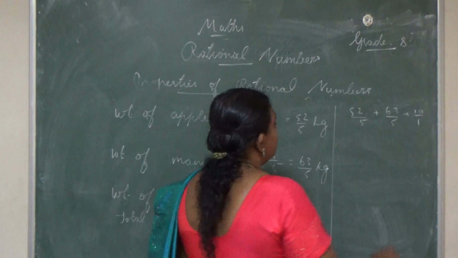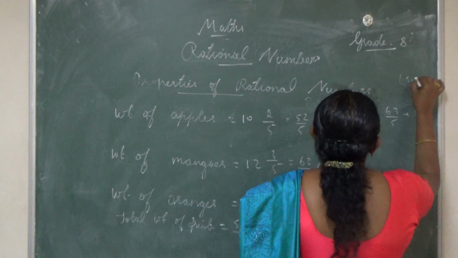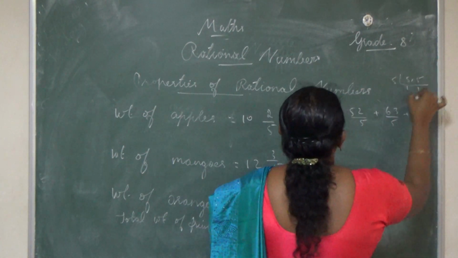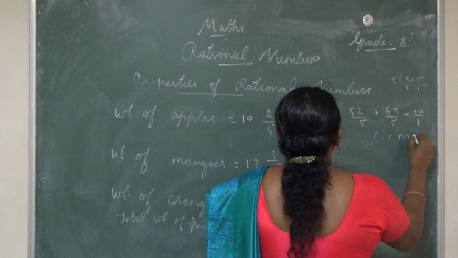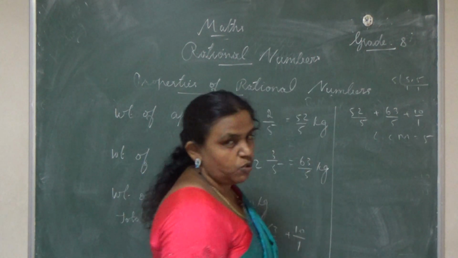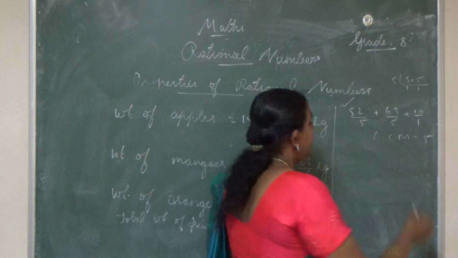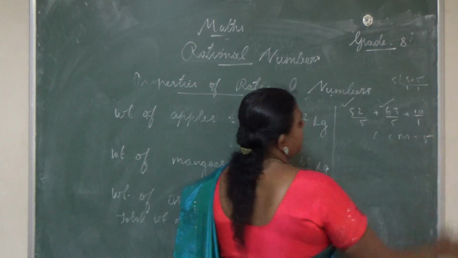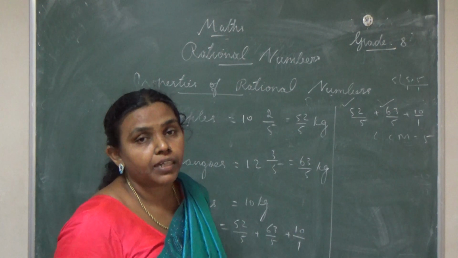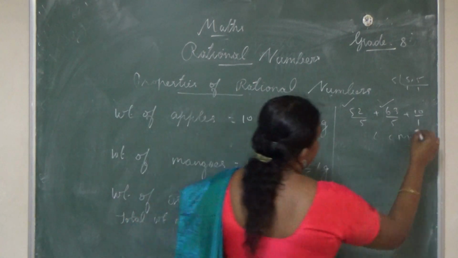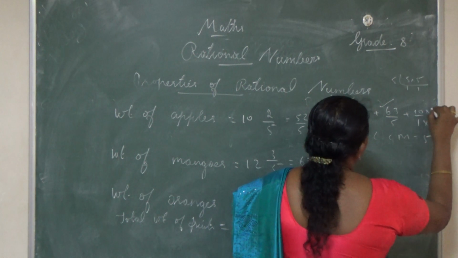What is the LCM? 5. We don't have to worry about these numbers. Here we have to multiply the numerator and denominator by 5.